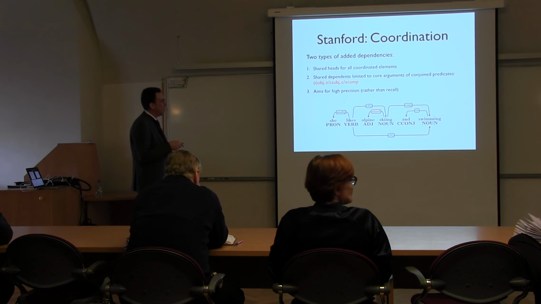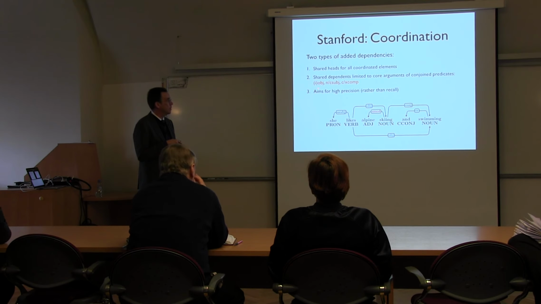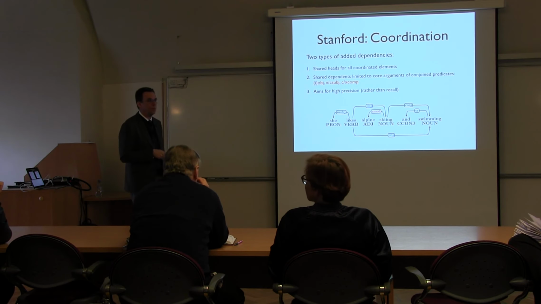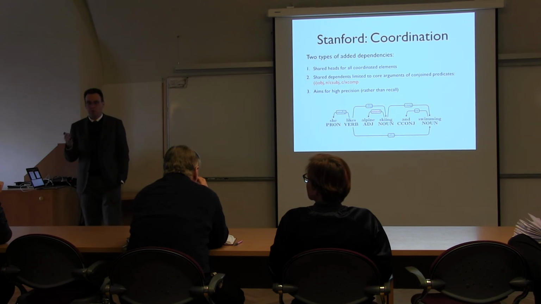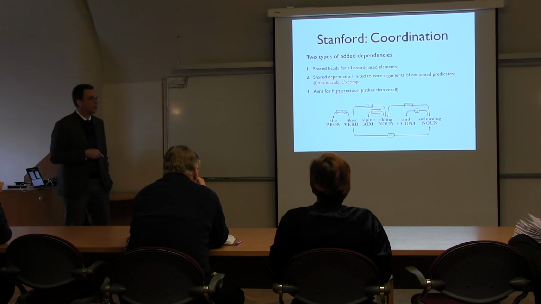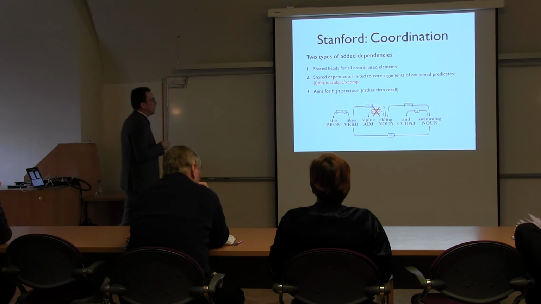But in the case of shared dependence, they don't try to predict all types of shared dependence. They limit themselves to core arguments of conjoined predicates. So only if something is a potentially shared dependent that is an object, a subject of some kind, or a clausal complement, do they even try to decide whether it should be added or not.